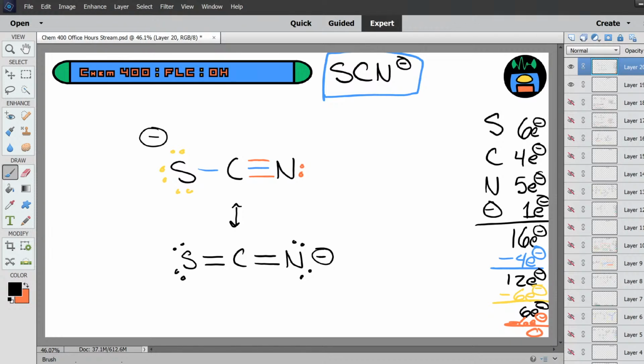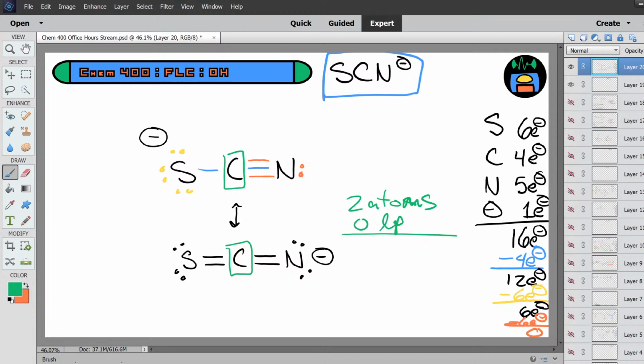So if you look at the central atom, which I'm assuming is the one you're asking about, in either Lewis structure, either resonance structure, there are 2 atoms, zero lone pairs.